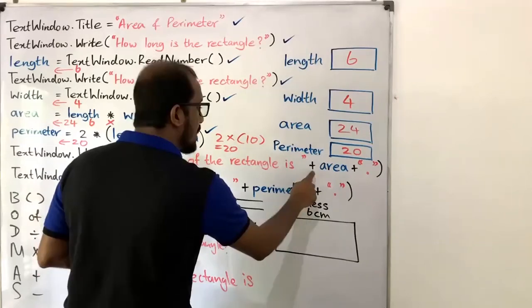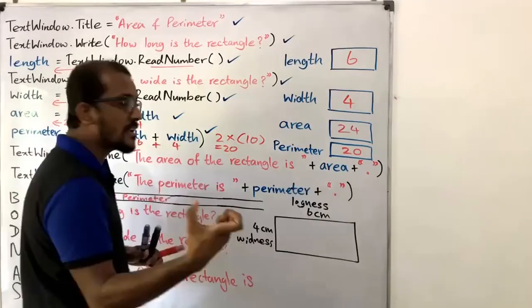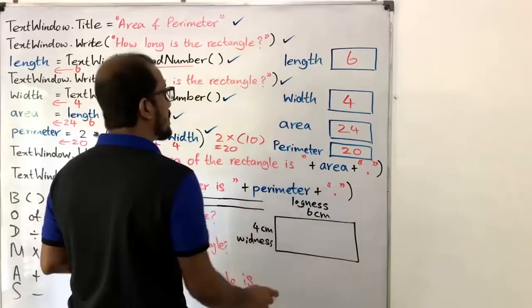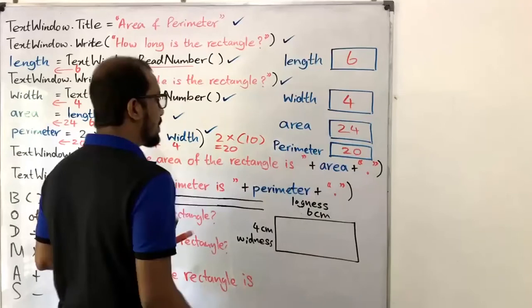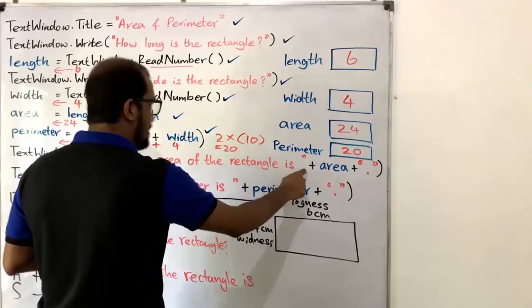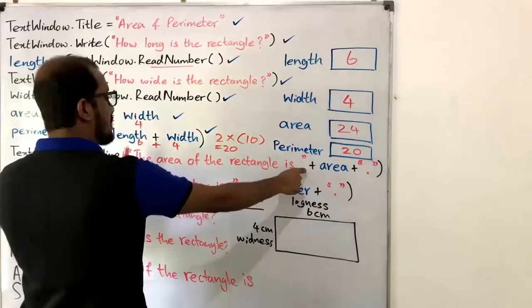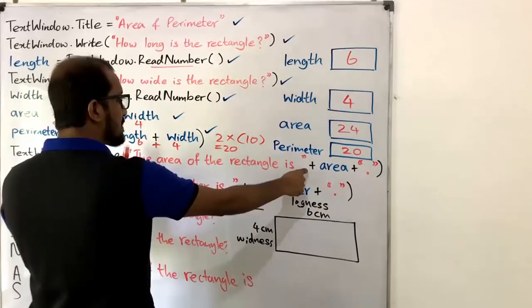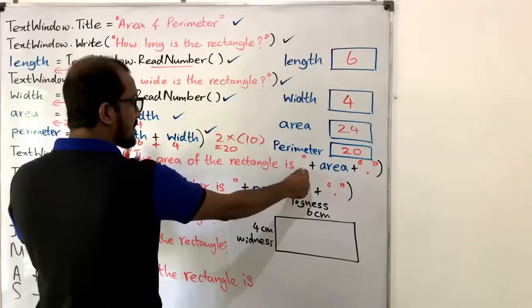Addition means it will join the value under the area. So what is the value under area? 24. So this add mark means, after the end of this expression with the space, join. Add means join.